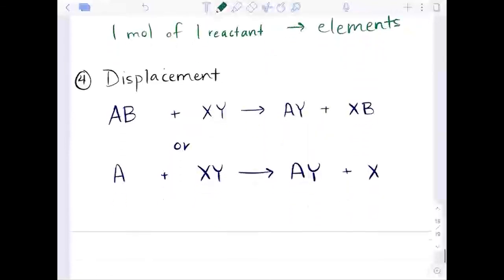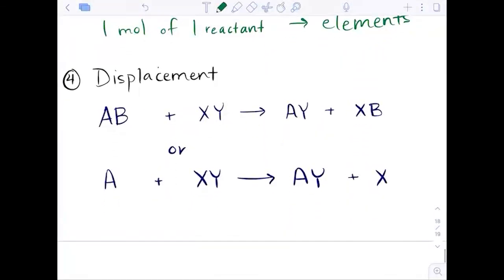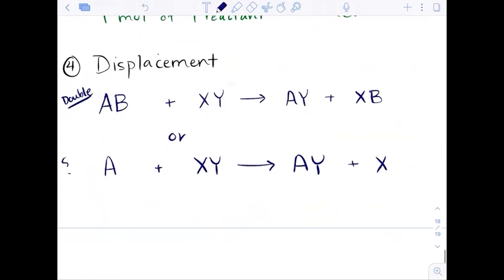The last set of definitions or reactions that we're going to see are displacement reactions. They could be double displacement or single displacement. These we will investigate more in the next chapter.